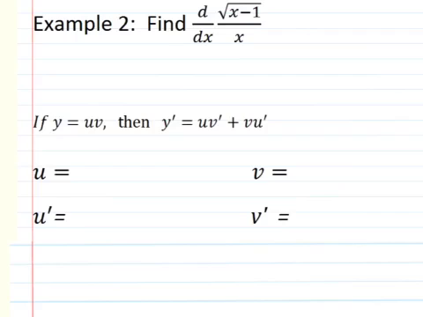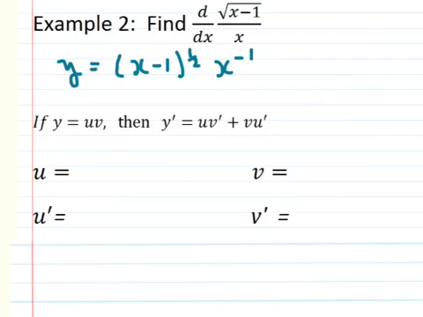So putting those ideas together, I can say that y is equal to x minus 1 to the power of a half times x to the power of negative 1.